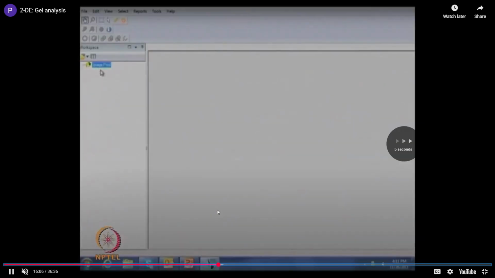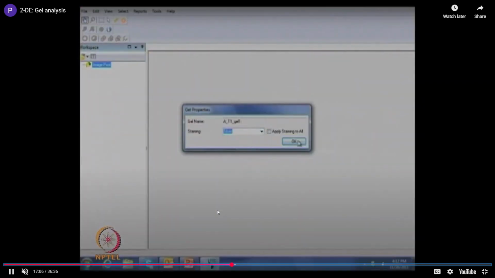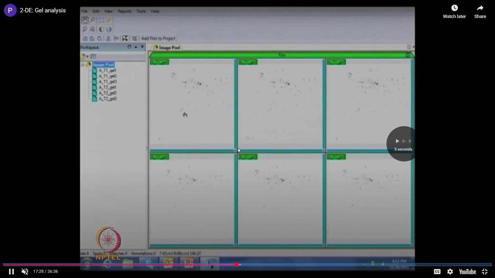Then this was some different software which was discussed with the sir. You can take certain different samples and select the dye which you used. Once you select the dye, whatever samples you have selected, initially the visualization is not accurate enough.